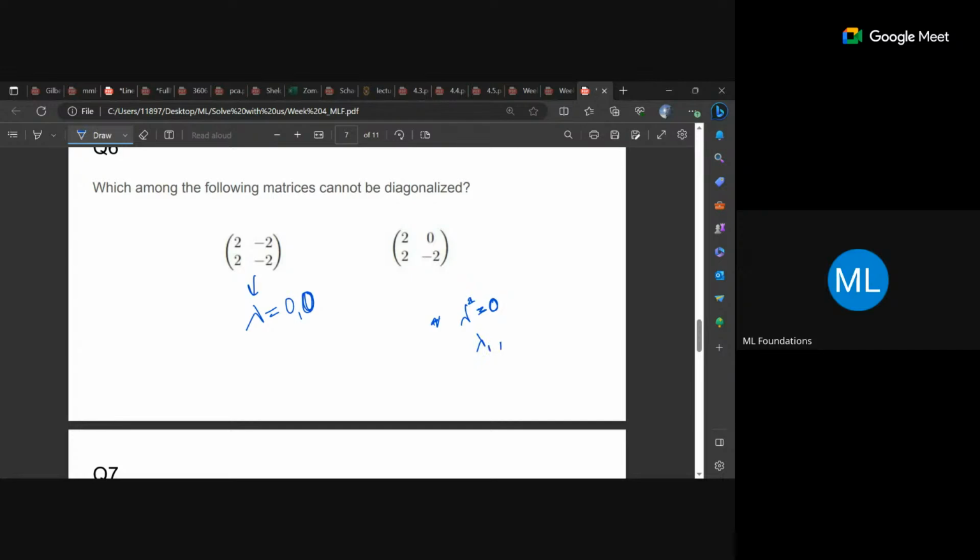I mean, you know that there are two lambdas here, and both are taking the value 0. So both lambda 1 and lambda 2 are 0 here.